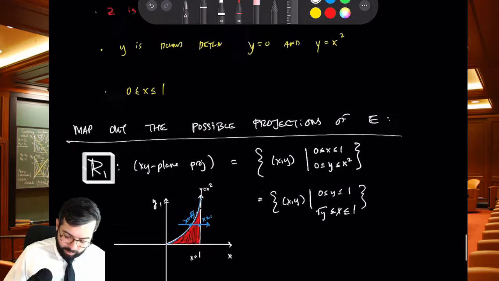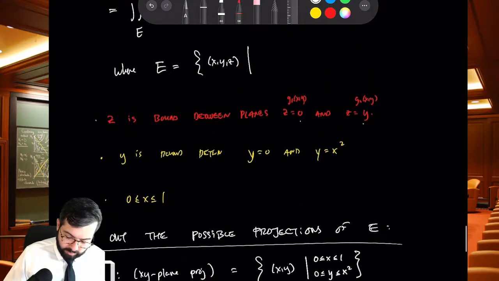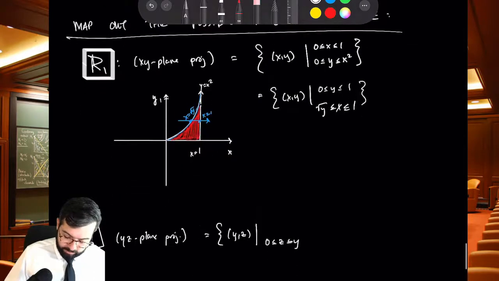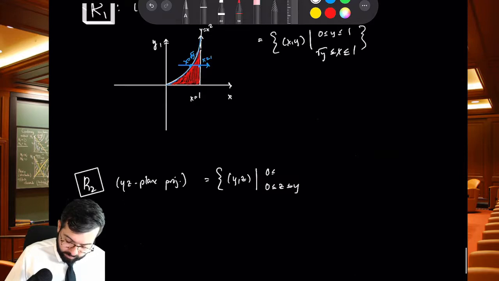And then what is y bound by? Well, we're going to need to look to the other equations here and see that y is bound between 0 and x squared, which maxes out at 1, right? So we know that y is sandwiched between 0 and 1.